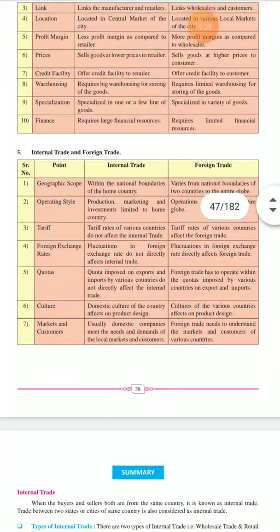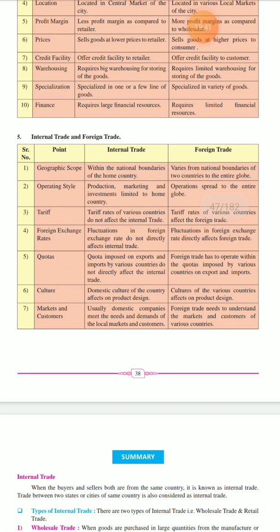The last thing we will see is about internal trade and foreign trade. As we know, internal trade is within the boundaries of the country. Foreign trade is outside the boundaries of the country. Geographical scope: internal trade is within the boundaries of the home country. Suppose we take India, so it is within the boundary of India.